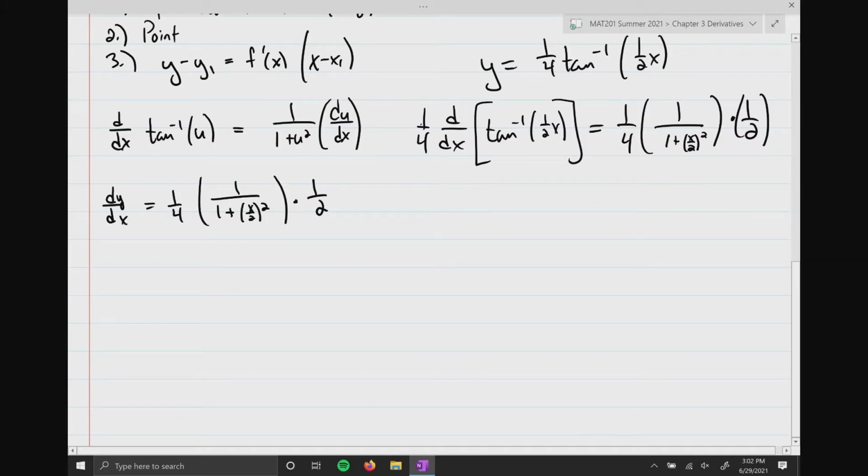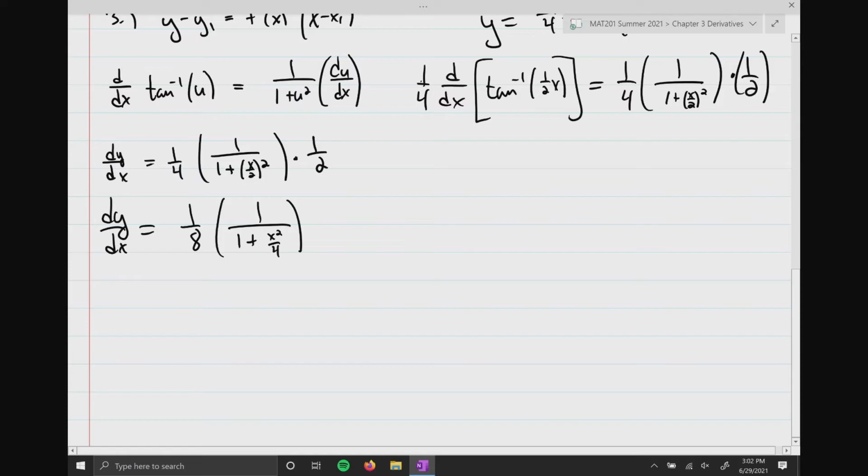So dy dx is going to equal 1/8 times 1 over 1 plus x squared over 4. And then I'm going to factor out a 4 to give me 1 over 2 times 4 plus x squared.